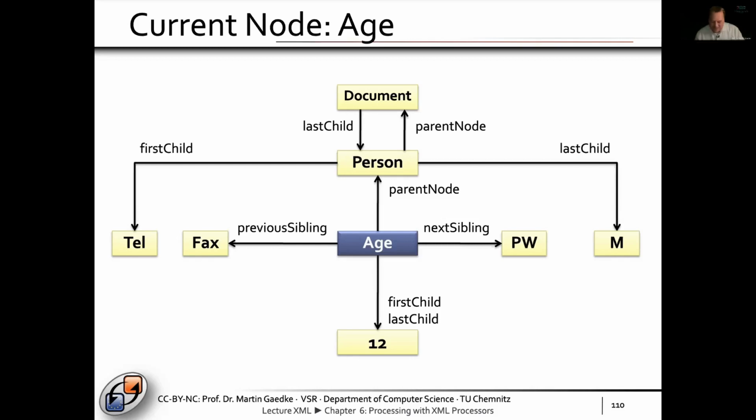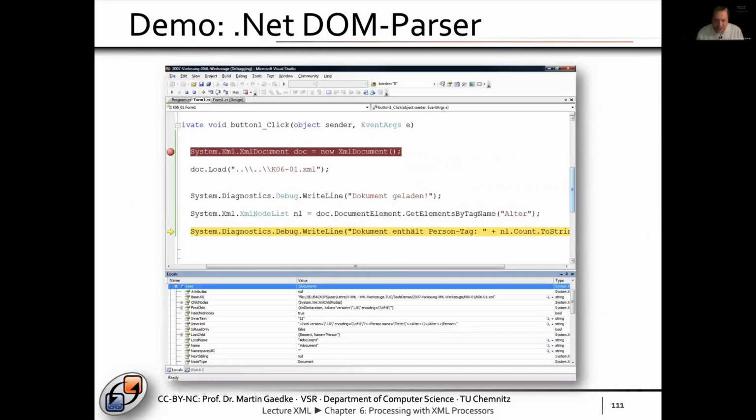Thanks for the question. Okay, so here's a screenshot from Visual Studio, from Microsoft's Visual Studio. Very simple afternoon hack kind of thing. If you use the namespace, the assembly System.Xml, that is an implementation in Microsoft's .NET assembly.